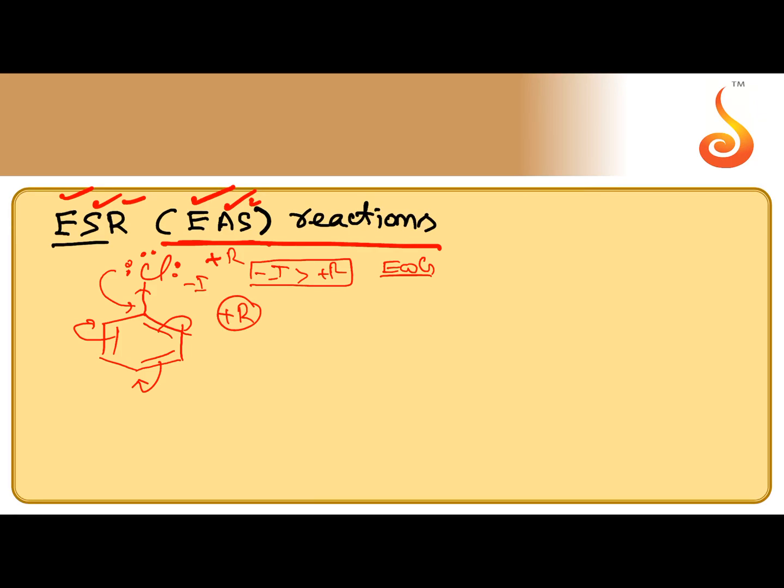Since chlorine is a plus R group, it directs the incoming electrophile to attack at ortho as well as para positions. So when it is reacted with a reagent which produces an electrophile, we get two types of products: ortho disubstituted product as well as para disubstituted product.